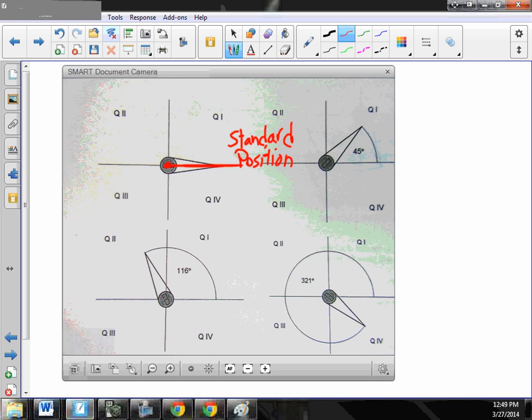And this is one of those things in math that never changes. Standard position is always the positive x-axis. And now, when we measure positive angles, we rotate the dial counterclockwise. So any rotation from standard position in this direction is considered positive.